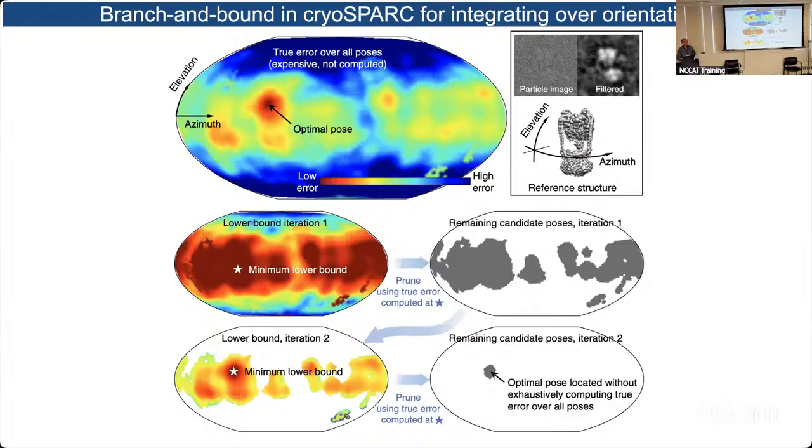And so here in 3 steps in this example, they can get a very good high resolution orientation by bootstrapping off of low resolution orientations.